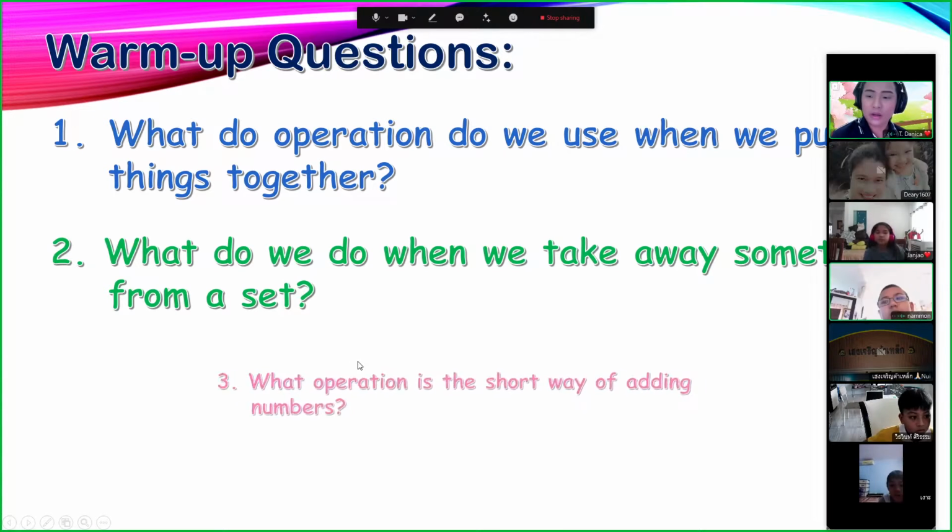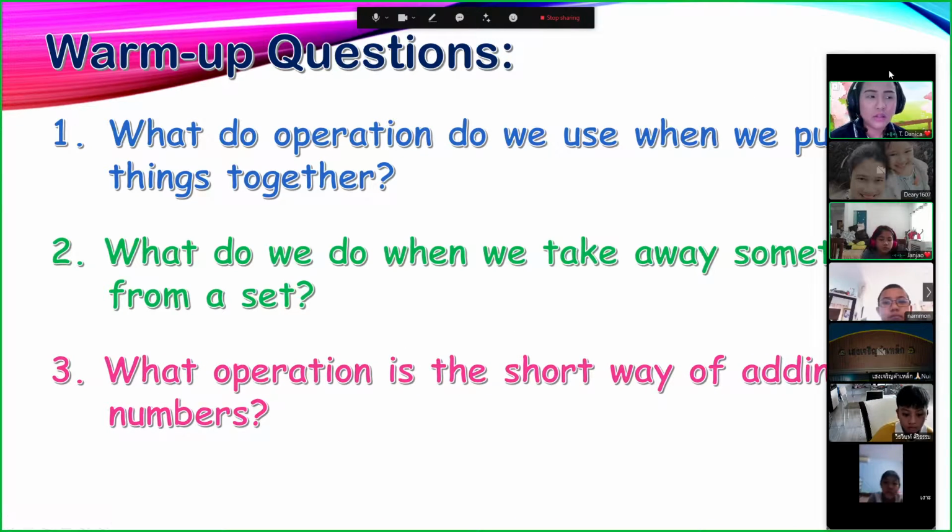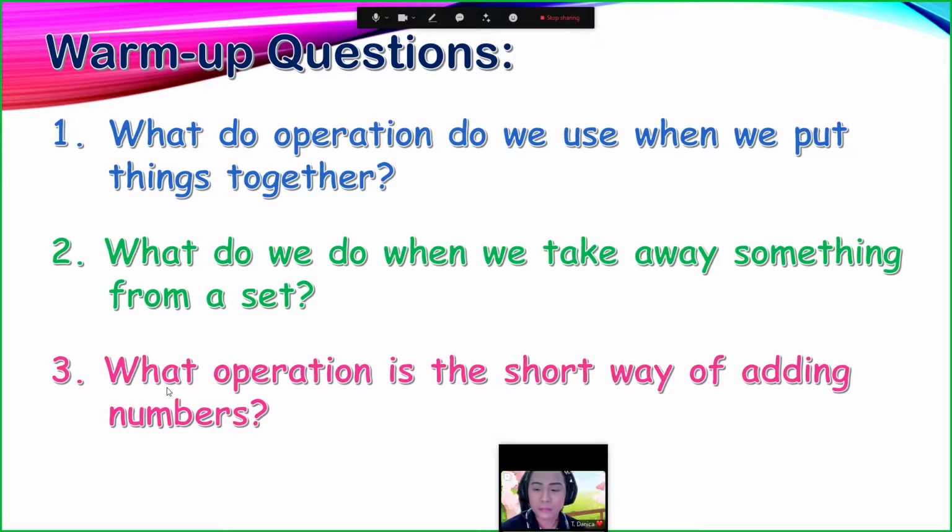Next. Number 3, let us read. What operation is the short way of adding numbers?